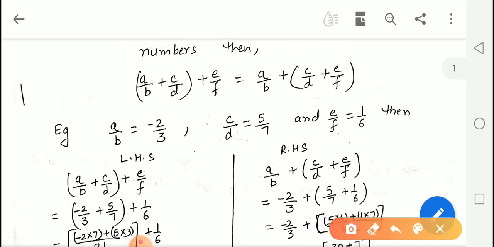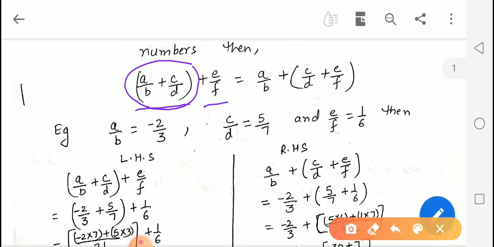According to this property, if we make groups like this, first we have group A upon B and C upon D, they are added in one bracket. Then their sum is added to the third rational number.